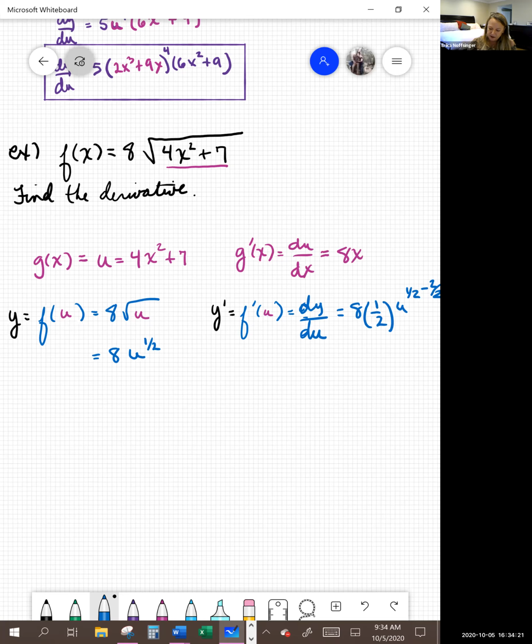So dy du is equal to 8 times 1/2, or 4, u to the 1/2 minus 2/2, which is negative 1/2. Let's just rewrite it with a positive exponent. That negative exponent is only with the u, so the 4 is going to stay in the numerator, all over u to the 1/2. And then in radical form it is 4 all over the square root of u.